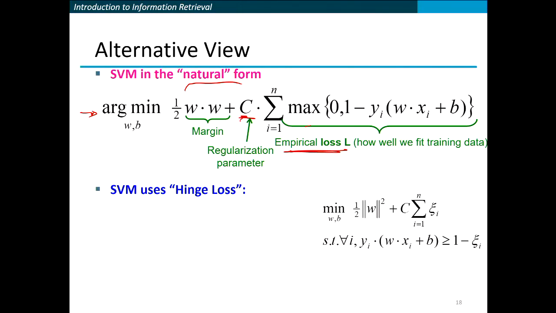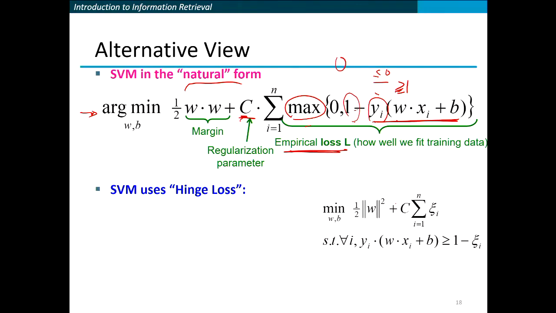So if this functional margin is greater than 1, and again, this is already multiplied with y, so this is the functional margin, which is always positive. If it's greater than or equal to 1, then 1 minus something greater than or equal to 1 will be smaller than or equal to 0. And then you take the max, so it will be 0, right?